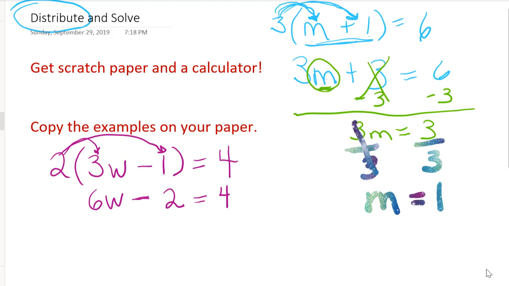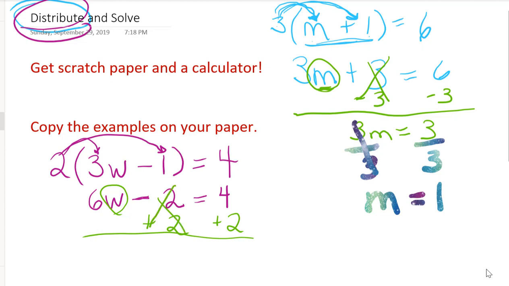So we multiplied, or we distributed. So now we have to do the opposite. Now we got down to our variable is w, and we have minus 2. Well, the opposite of that is plus 2. Cancel.